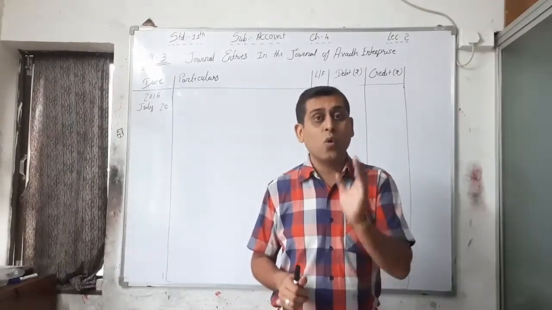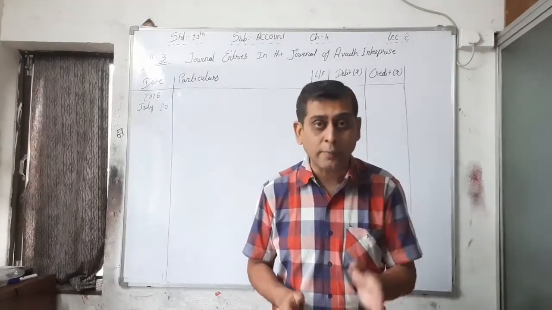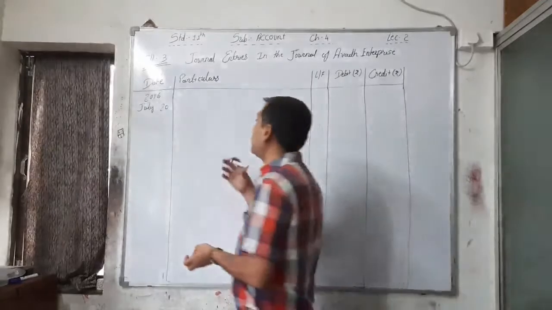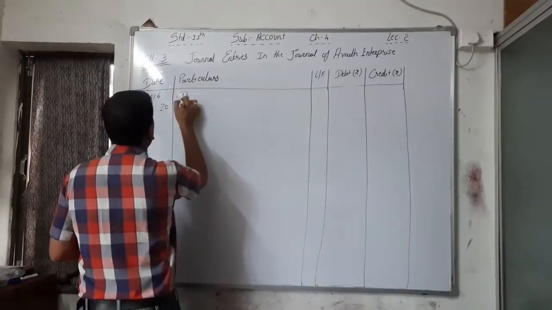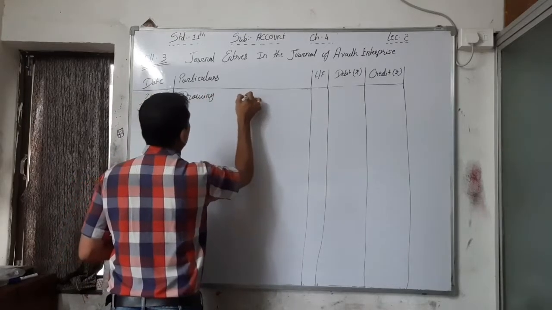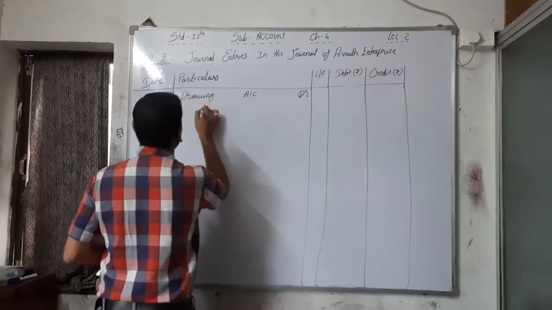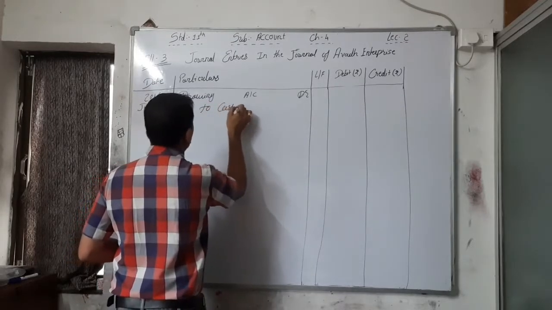And whatever is taken from the business by the owner is called a drawing. So you have to write on the 20th July, drawing account debit to cash account.